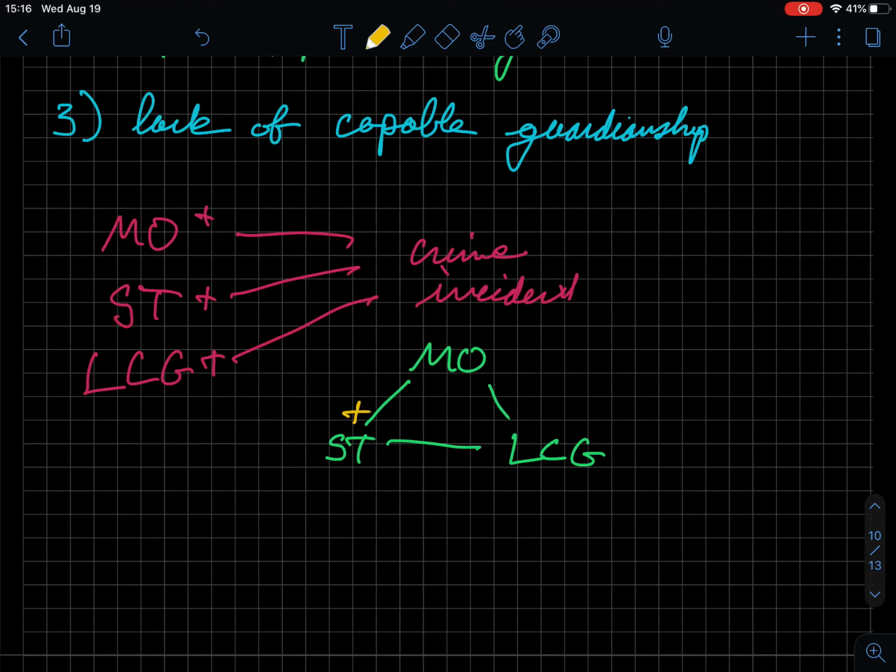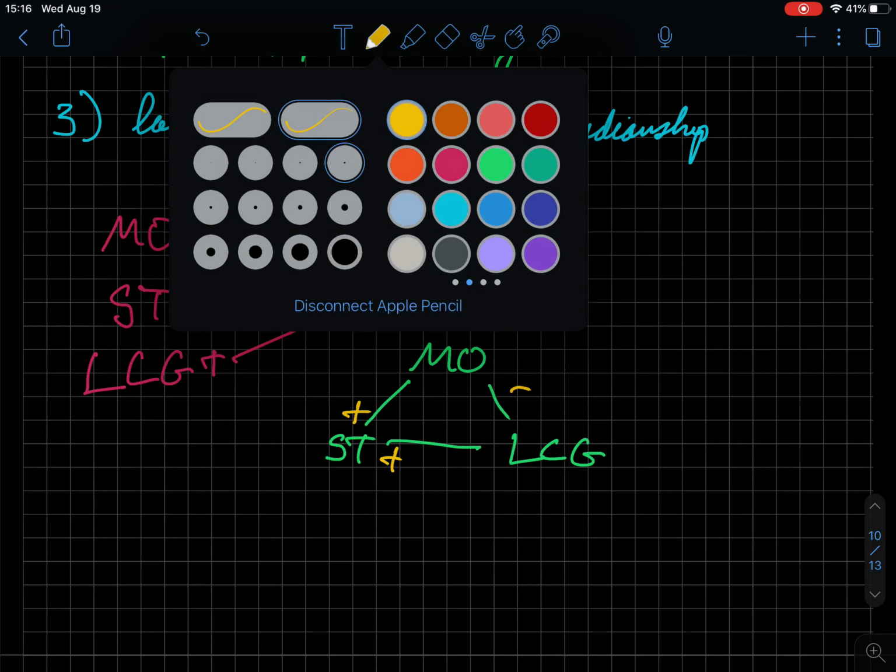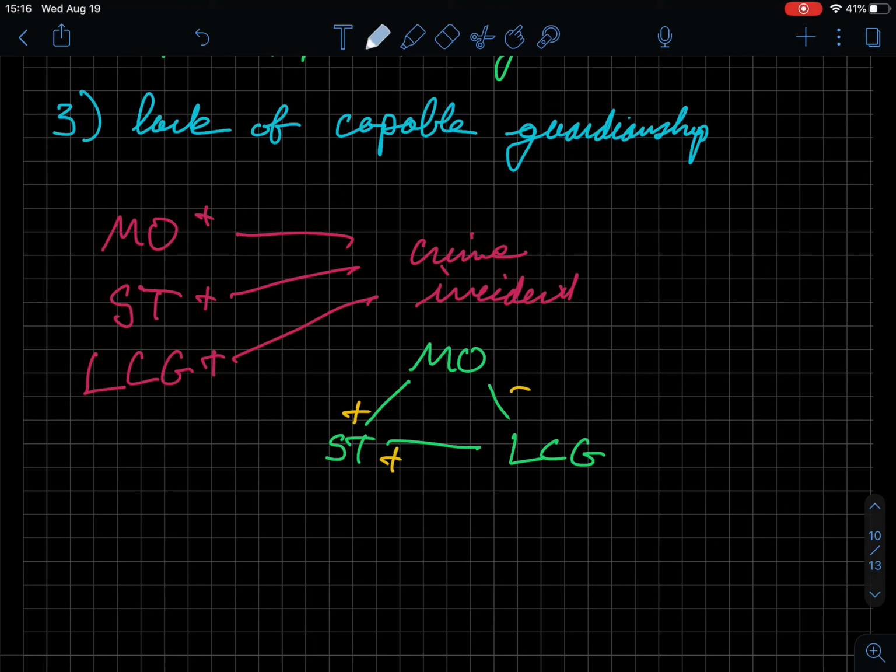So let's say that you had positives here, right? But there was a negative here, then a crime would not occur, right? So basically the theory assumes that any missing component, so if there's no motivated offender, no crime is going to occur. If there's no suitable target, crime is not going to occur.